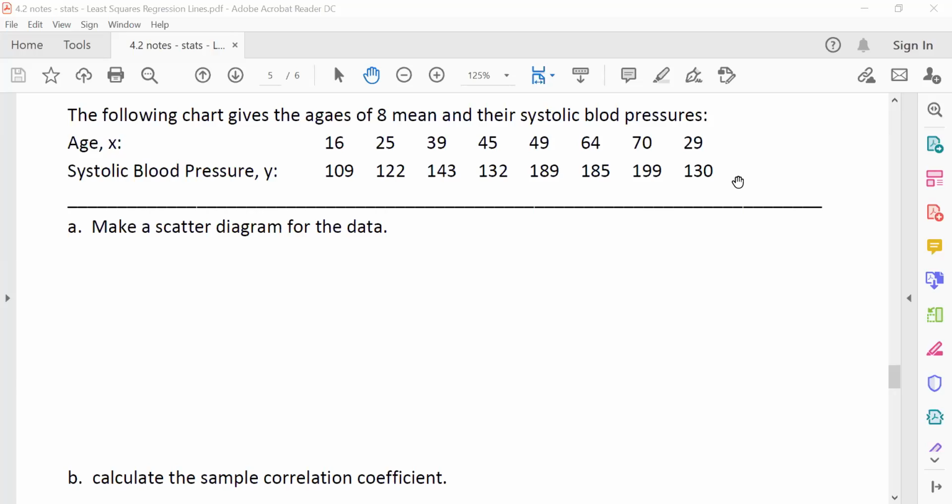We'll scale the data. All right, so let me share what I'm doing with you.